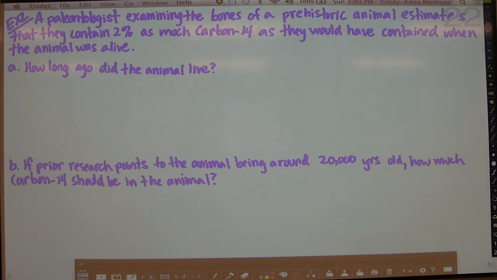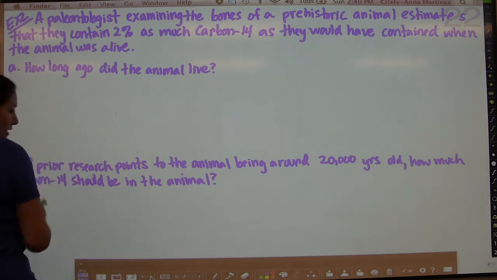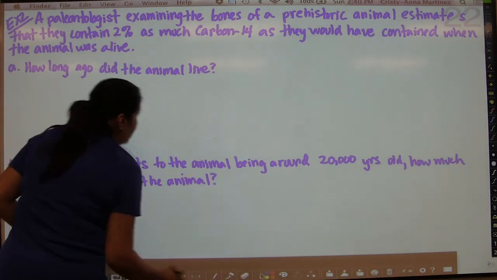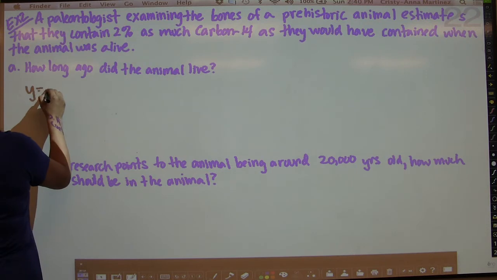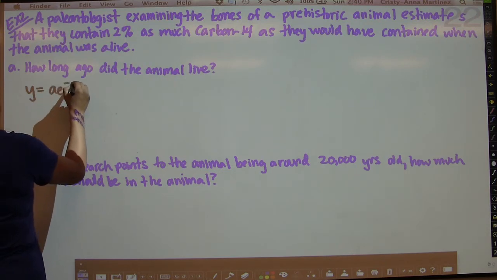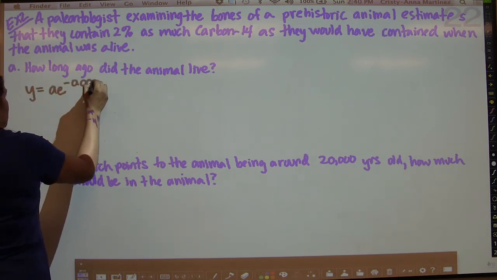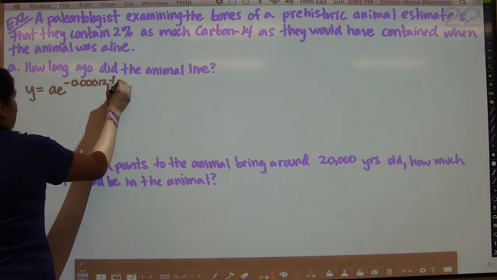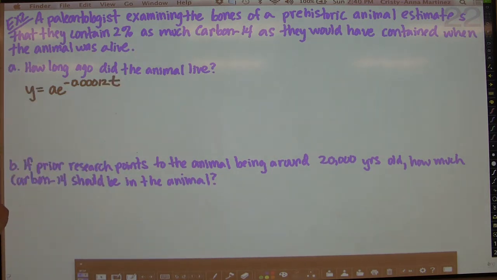Well, the formula that we're going to be using is the same formula that we did in part A. We already know that the formula is y equals a times e to the negative 0.00012t. This was the formula that we just figured out for carbon-14, which is what we're using to estimate the lifespan of this animal.